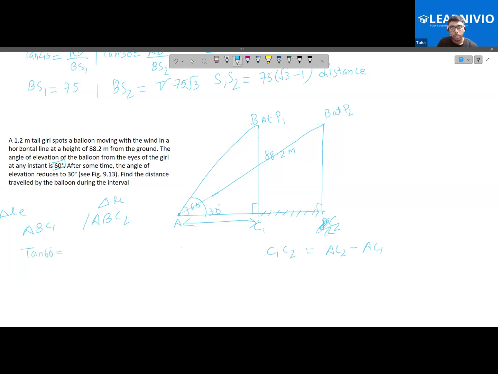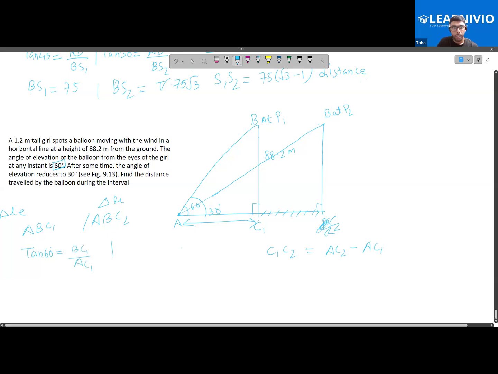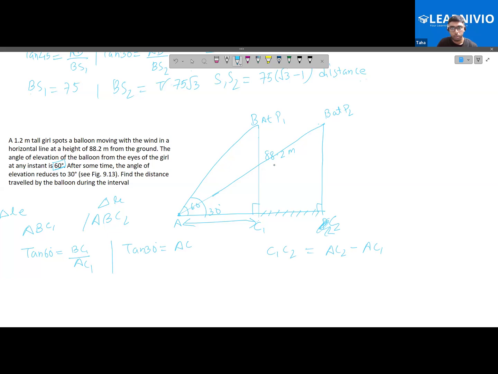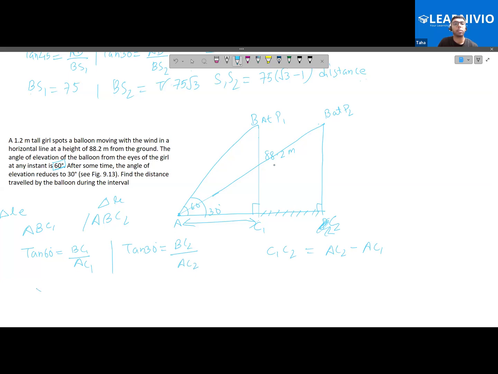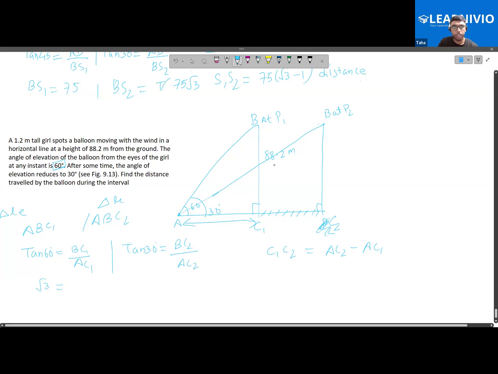Tan 60 is equal to BC1 by AC1, and tan 30 is equal to BC2 by AC2. All right. So tan 60 is root 3 and BC1 was 88.2. That is not going to change. And tan 30 is 1 by root 3, is equal to BC2, which is again 88.2, over AC2.